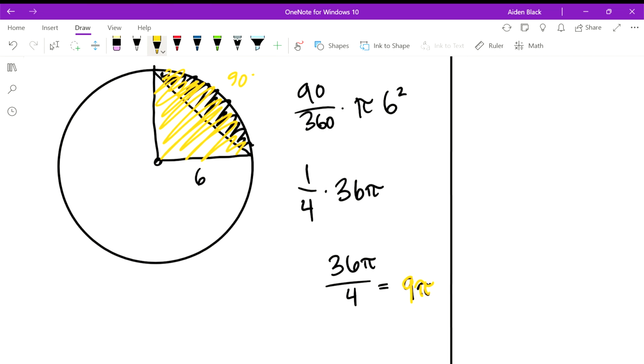But what we really want is the area of this segment. So what we have to do is subtract out this triangle. So the triangle here is height of 6, a base of 6.